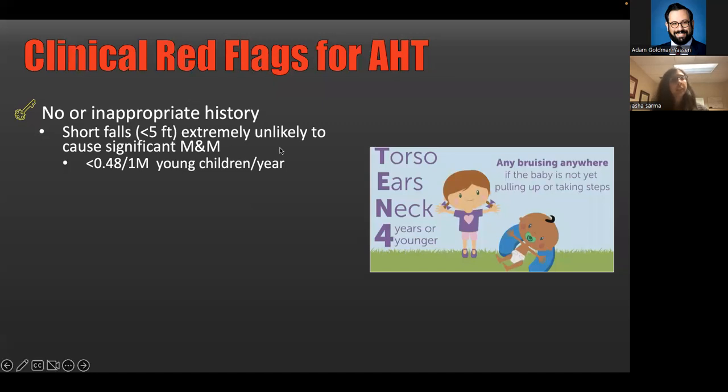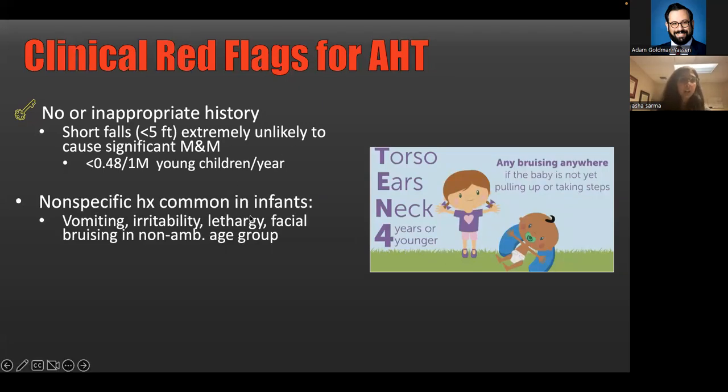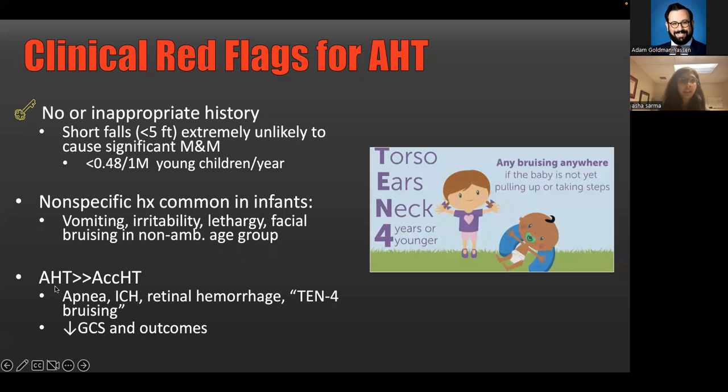Like I said, short falls less than 5 feet are extremely unlikely to cause significant morbidity and mortality. A non-specific history is common in infants with abusive head trauma, such as vomiting, irritability, lethargy, or facial bruising in a non-ambulatory age group. And then findings that favor abusive head trauma over accidental head trauma include a history of apnea, intracranial hemorrhages, retinal hemorrhages, and then TEN-4 or pattern bruising.